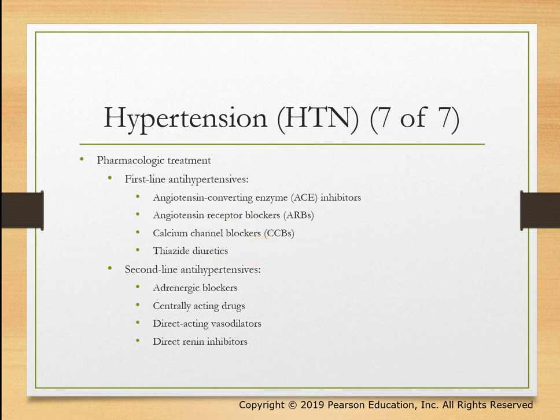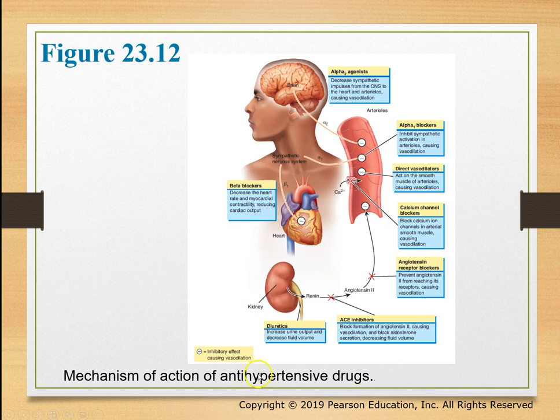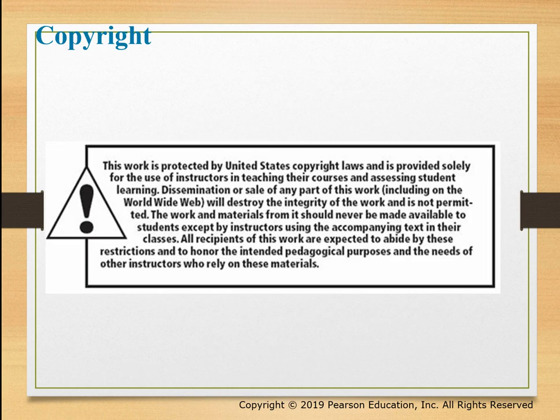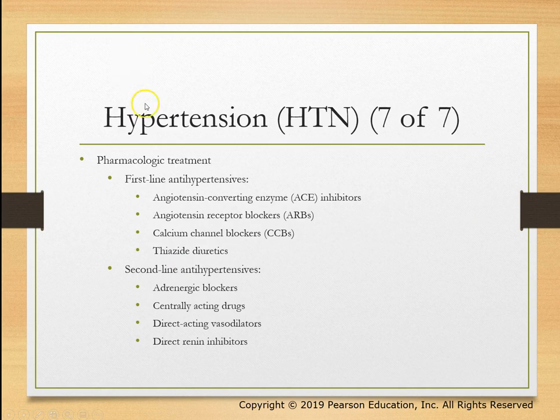So at least know a couple examples of these pharmacologic treatments. You can talk about first line antihypertensives and second line. Basically, they were all on this last slide. Anything that's not on this slide here, don't worry about. Best to just study this picture here. All right, and so that finishes chapter 23.